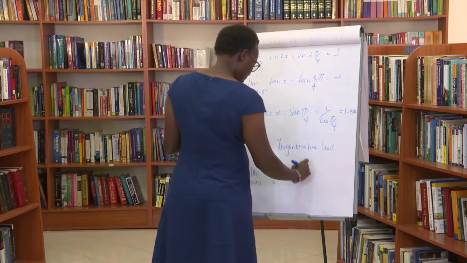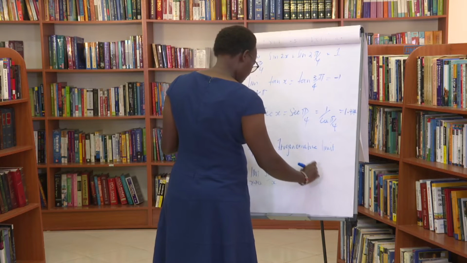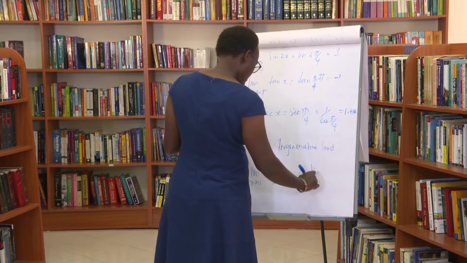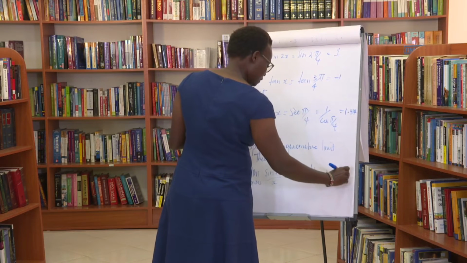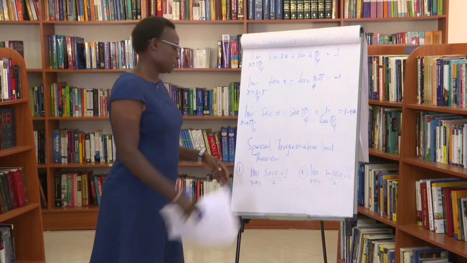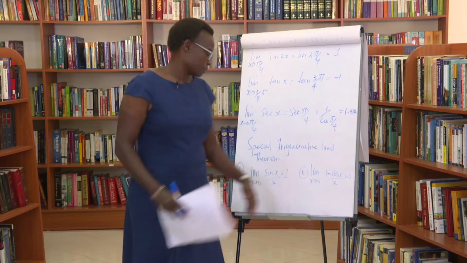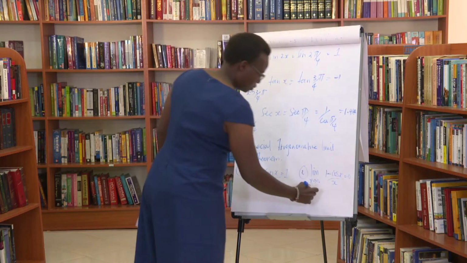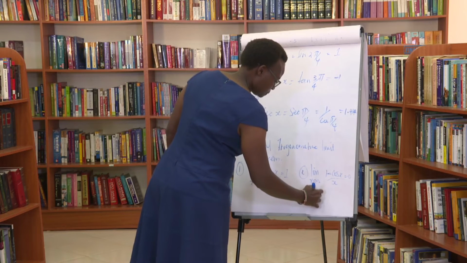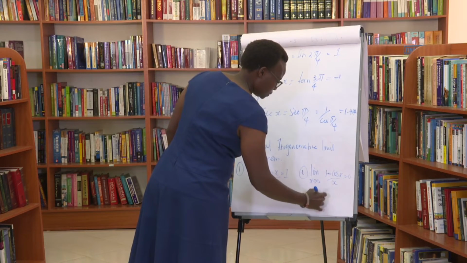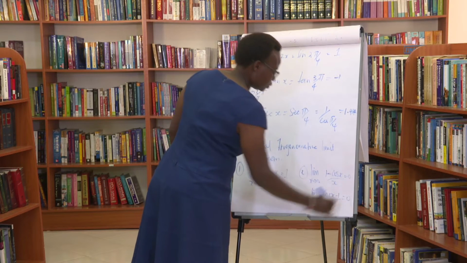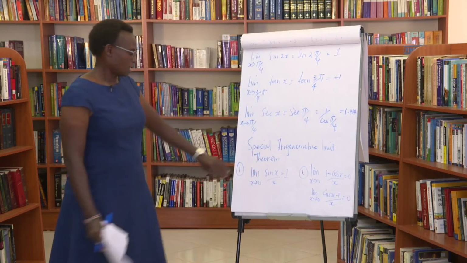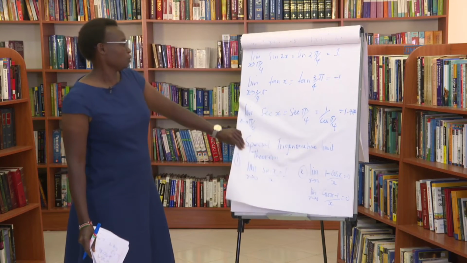And the second one is the limit as x tends towards 0 of 1 minus cos x over x is 0. Some authors express it in terms of the limit as x tends towards 0 of cos x minus 1 over x, and it is also 0. So if you come across it, it should not confuse you.